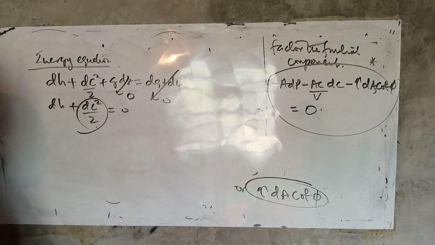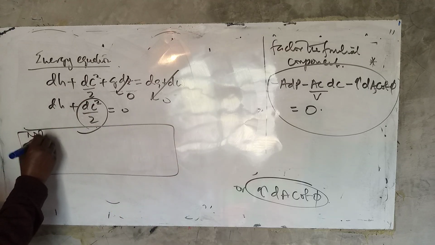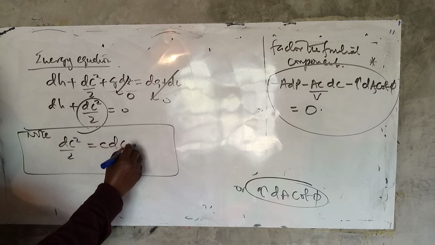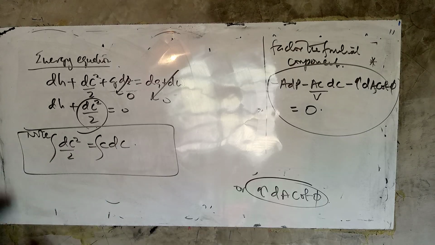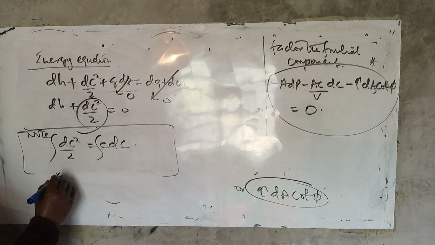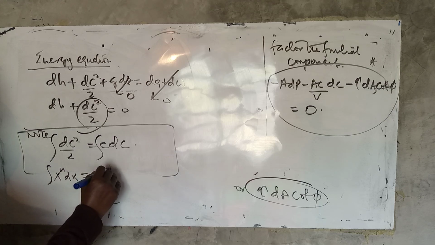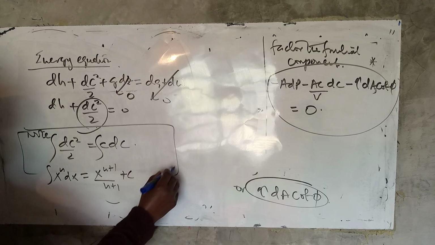And I always want you to remember that d(C squared over 2) is the same as C dC. Integrate these quantities, the same quantity, of course using the identity, always remember the integral of x to the n is x to the n plus 1 over n plus 1 plus the integration constant.